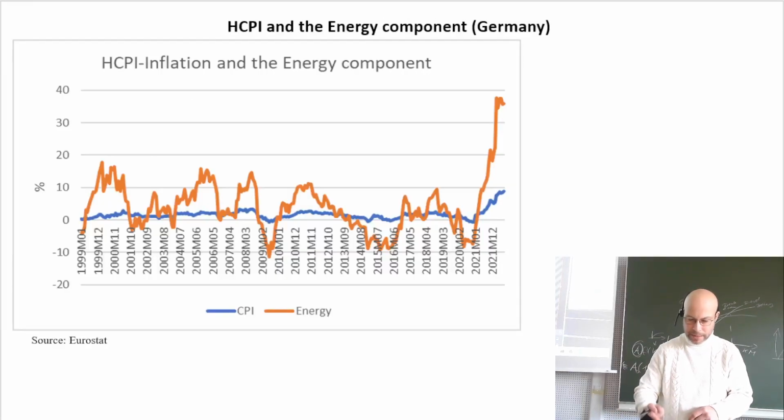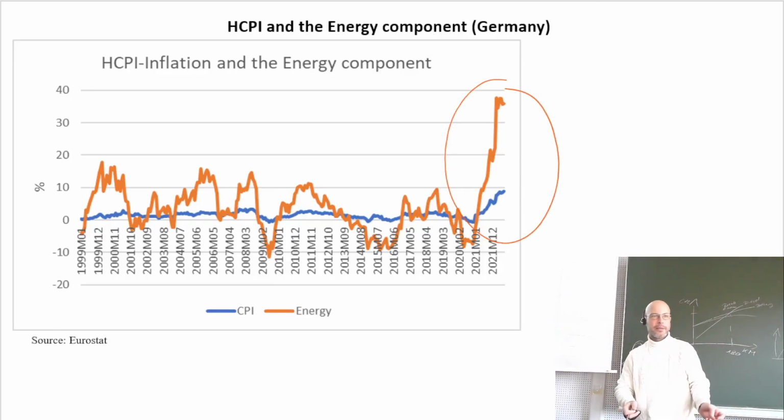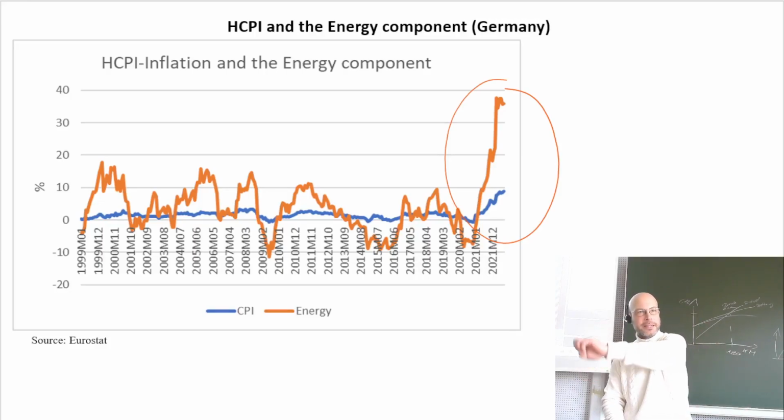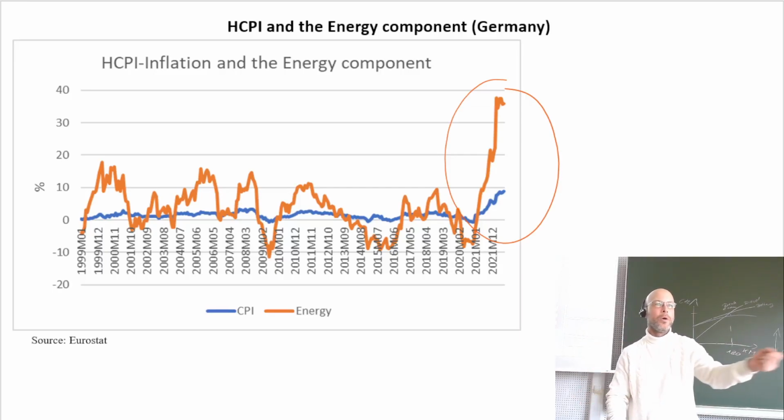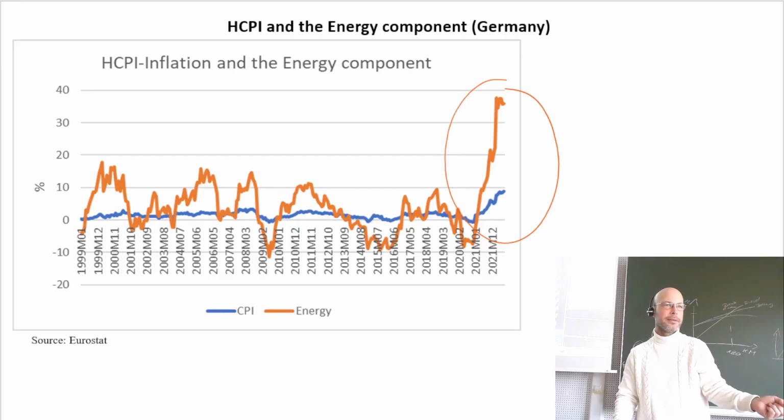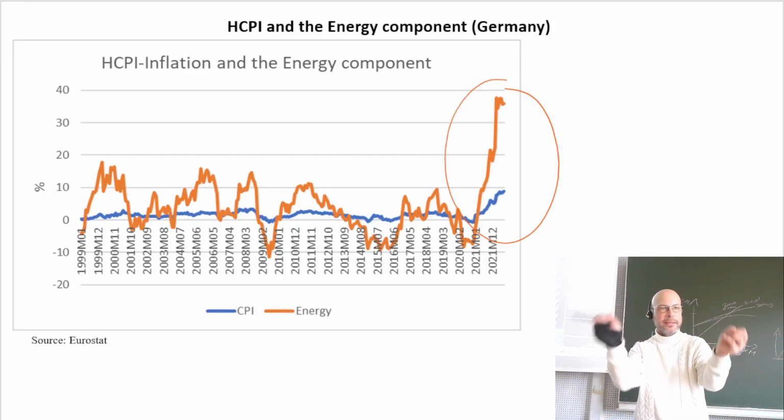Okay, then we had also this little example, and this will be interesting for the next weeks. What is the impact of a single good or the energy component, mainly speaking gas and oil, on the whole consumer price index? And there we made these calculations.